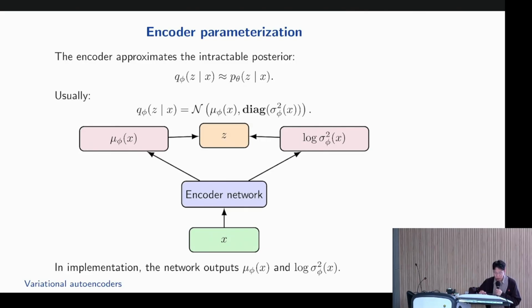The role of the encoder is to approximate our intractable variational posterior, and it's usually designed like this. It has a neural network that receives x and outputs the mean parameter of the Gaussian distribution of z given x. The network could also output two things: the mean and variance parameter that completely define the Gaussian distribution.